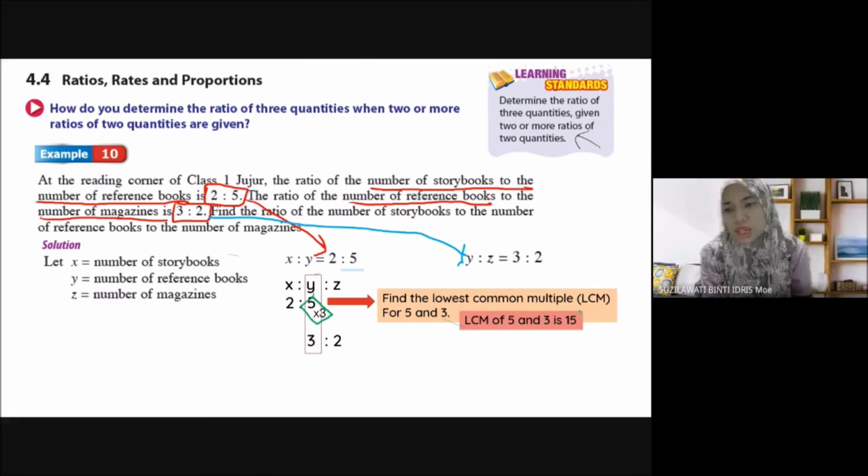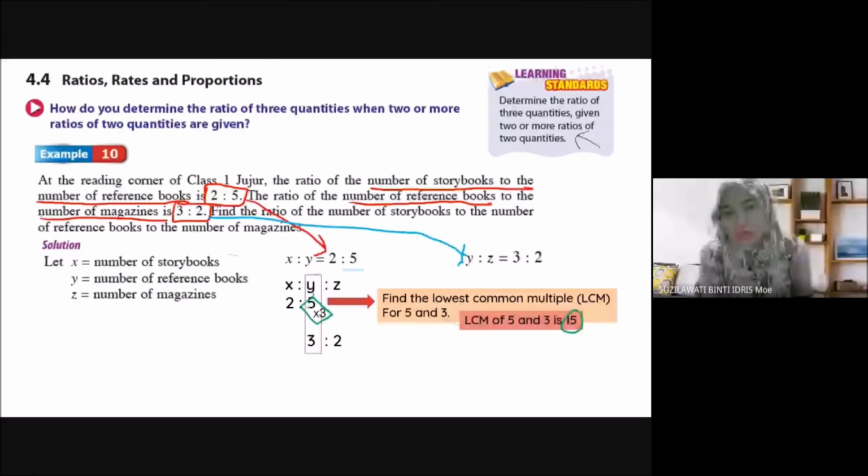So you get the LCM 15. Once you multiply this part by 3, you also need to multiply this part by 3 as well.